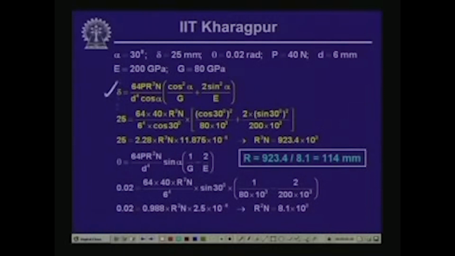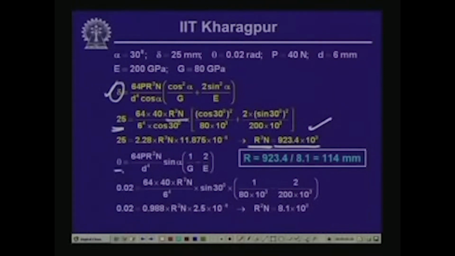Now, if we look into these values, delta is given as 64 P r cube n by d to the power 4 cos alpha times (cos square alpha by G plus 2 sin square alpha by E), and since the limiting delta is 25 millimeter, if we substitute the values except r and n, which are not known, then we get the value of r cube n as equal to 923.4 into 10 to the power 3.